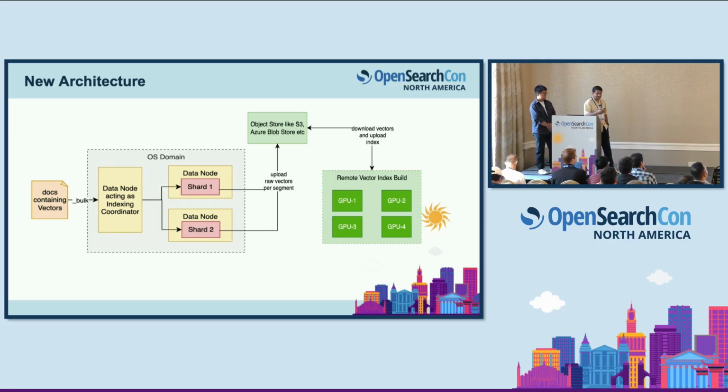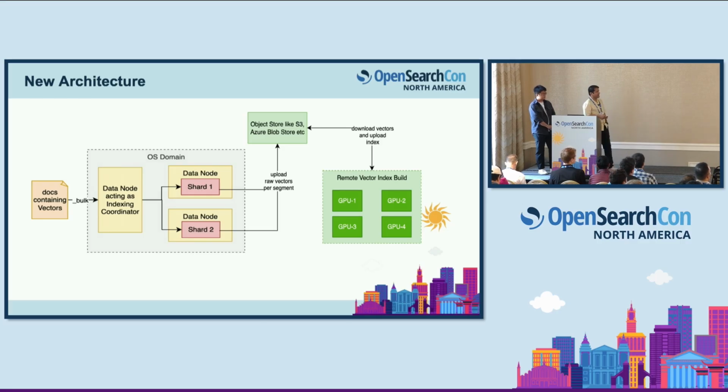If the answer is yes, based on some heuristics, which obviously you can change since it's open source and we allow everyone to change whatever they want, this data node or this particular shard will upload all those vectors to a remote store or an object store like S3 or Azure Blob Store or maybe GCP. And then it will let that remote vector index build service know that, hey, there are vectors present at this location. Please build an index for me. We'll talk about more details on how to enable all these things in the upcoming slides.